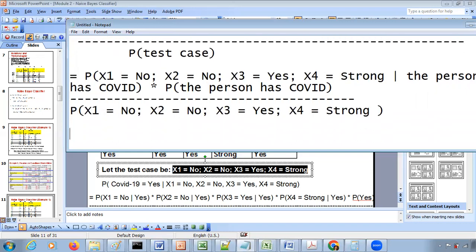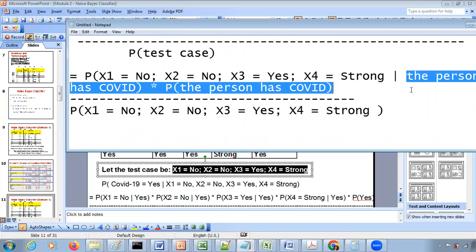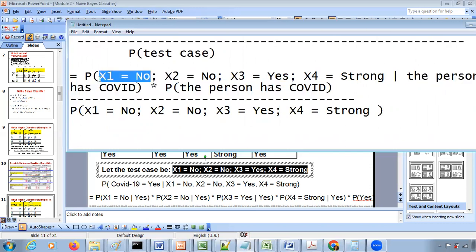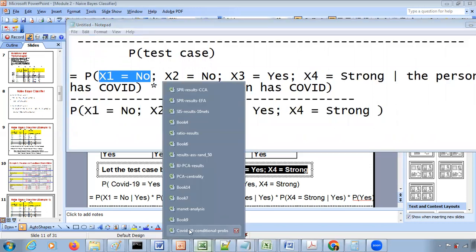So now is the time the independence of the features is made use of. Given the person has COVID, that means the class equals S. What's the probability for x1 equals no? In our table, we look at these entries.